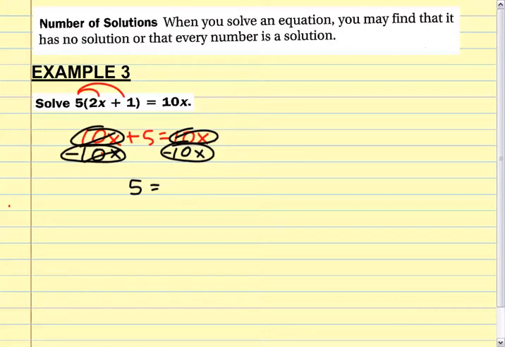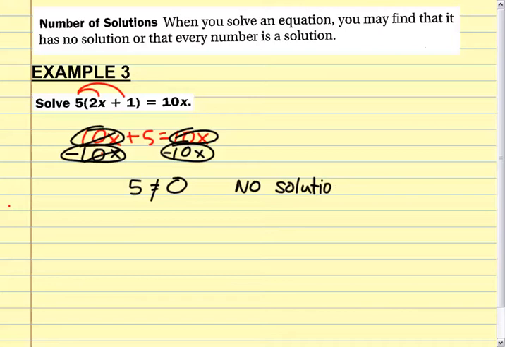Not 1, 0. I'm left with 0. Now, Kadia, this says 5 equals 0. Is that true? No. Kadia, whenever I get an answer that looks like this, that means there is no solution.